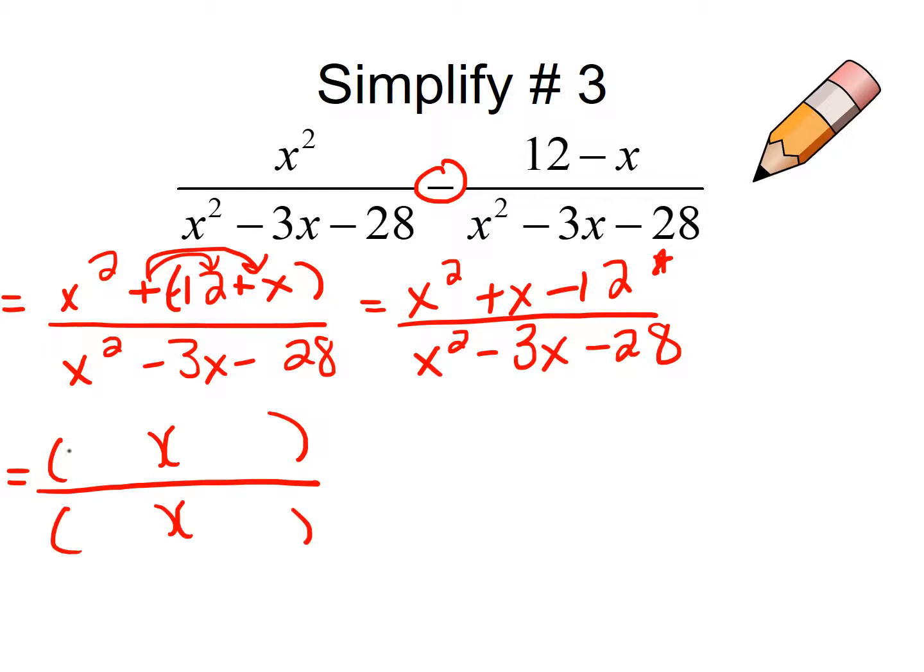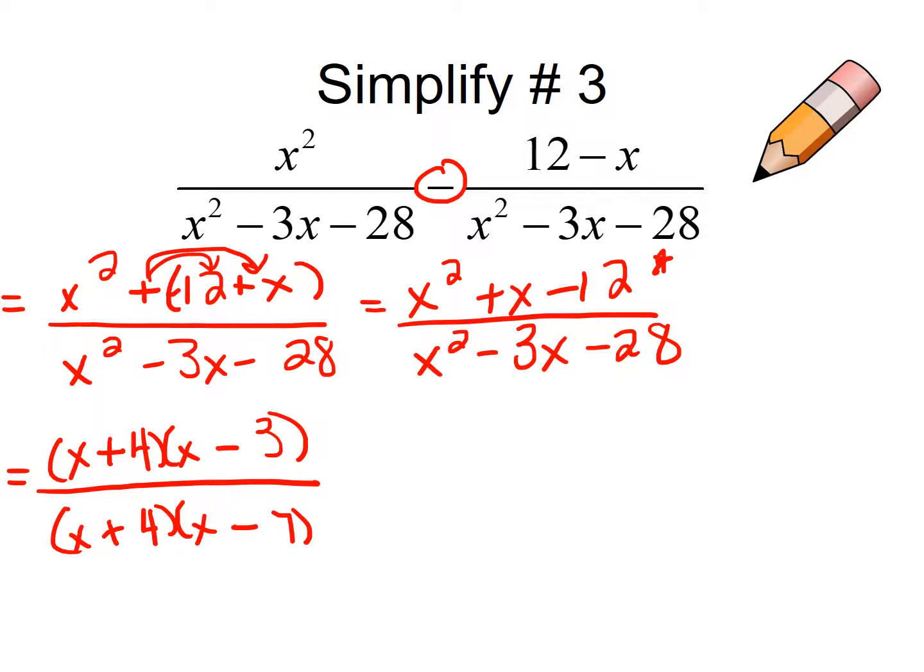So my top, I have x times x to give me x squared, two numbers that multiply to 12 and add to 1, so that's going to be 4 and 3. We want to keep the 4 positive and the 3 negative. And then on our denominator, x times x gets me back to x squared. Now we need numbers that multiply to 28 and add or subtract 3. Well, that's going to be 7 and 4, but we want to keep the 7 negative and the 4 positive in order to get back to a negative 3.